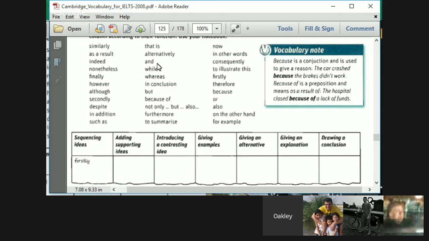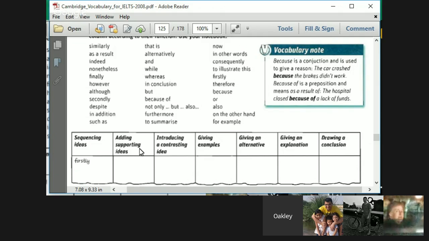Okay, how about I played baseball and my brother played soccer? Giving an alternative. Possibly, right. Yes. Okay. Giving an alternative or just simply adding additional information.